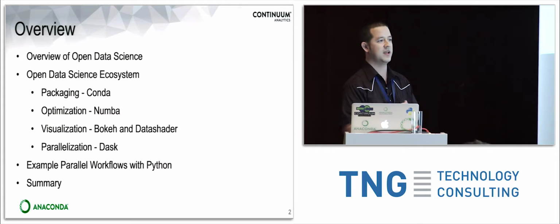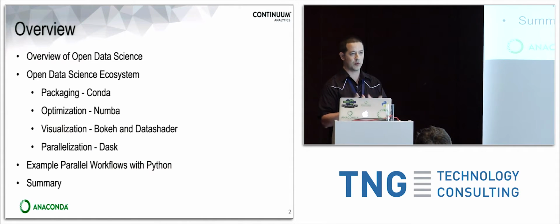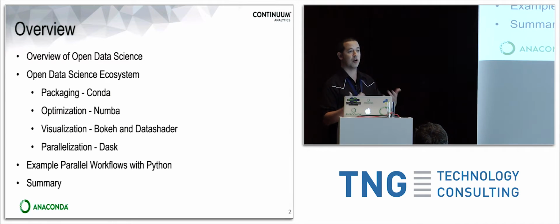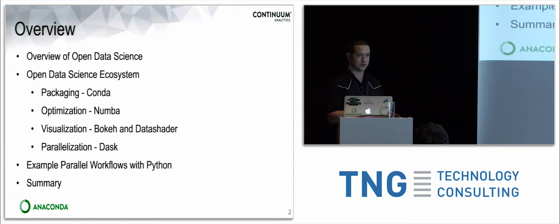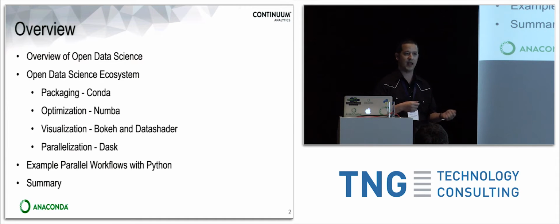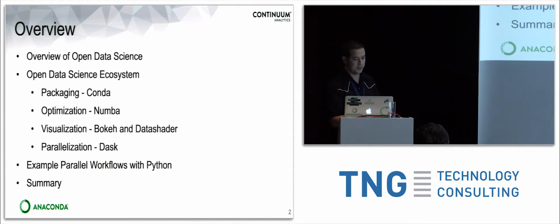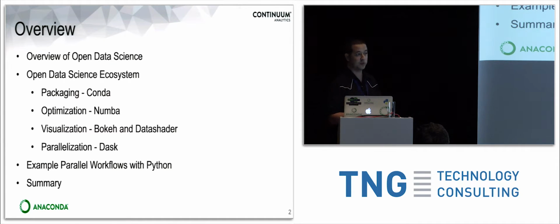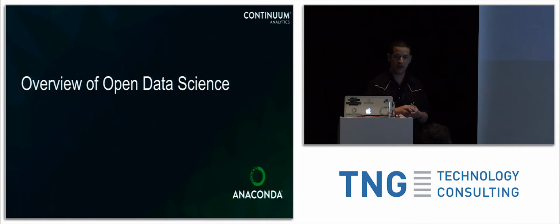It's a glue language, and there's many foundational pieces that we're working on in Continuum that have each their own communities and have created very strong tooling for different verticals like biomedical engineering and astronomy and so on, finance and so on. And then I'll show some demos that are running on a live cluster for distributed computations in Python that are running on a Hadoop cluster, and then summarize all of those things. So we'll start with open data science.